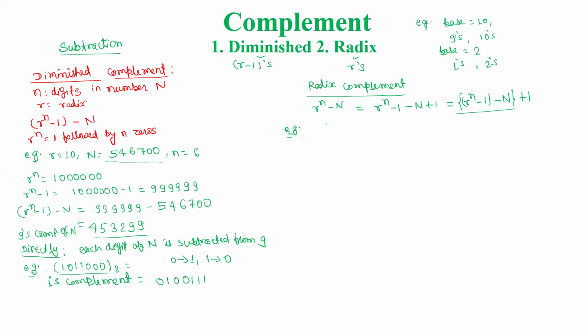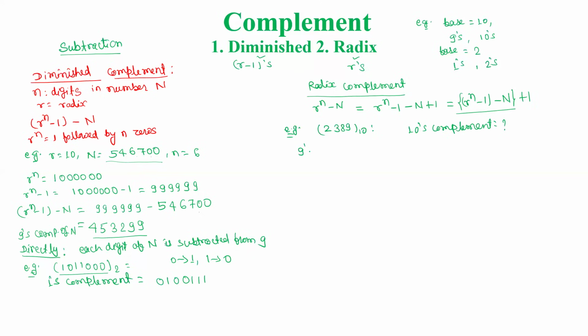Now we take one decimal number as an example, 2389. Here we have to find the tens complement. Radix complement here means the tens complement.